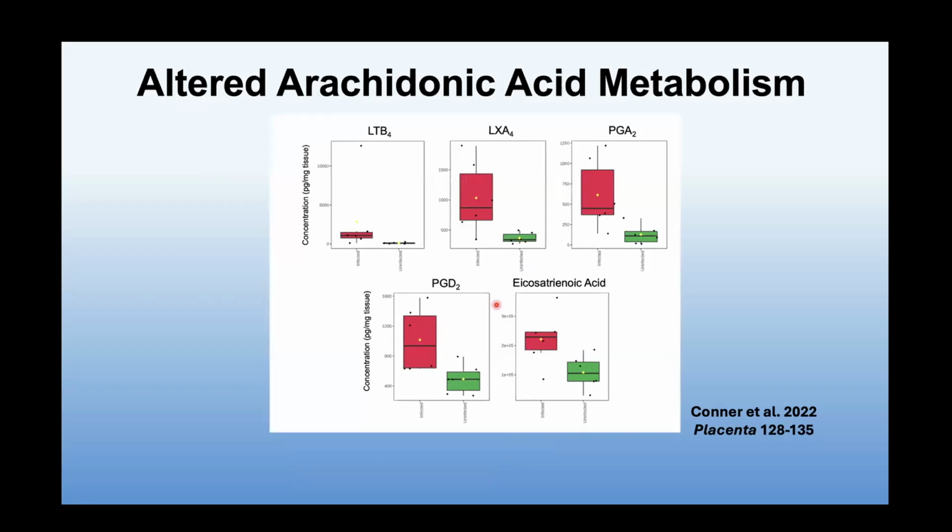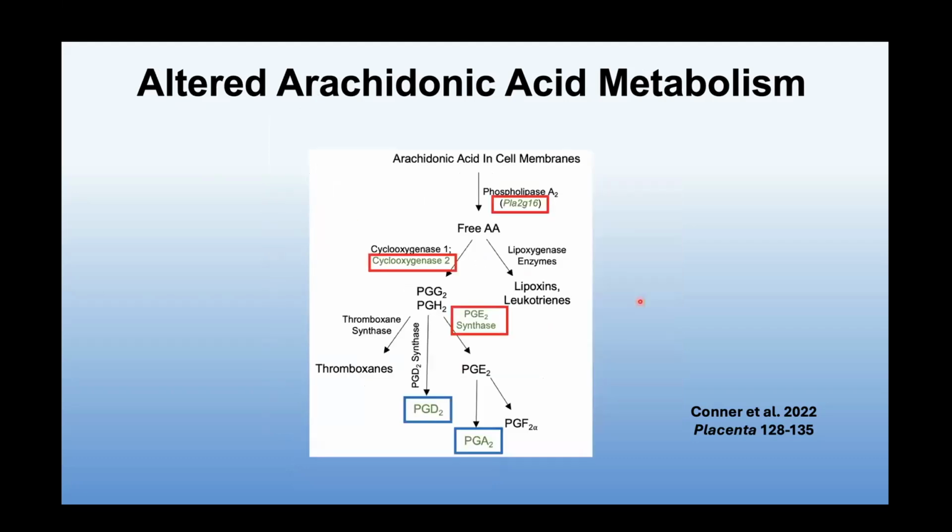And so one of the things that Kayla found right away was altered arachidonic acid metabolism. So these are various prostaglandins and lipoxins that are elevated in the placenta. This is a part of the eicosanoid pathway and arachidonic acid metabolism.